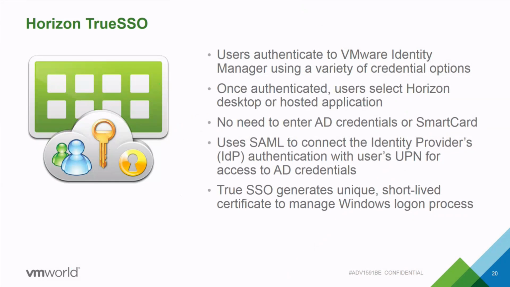So how does it work? What do we do with True SSO? When a user authenticates to the Identity Manager from a device, the user selects the Horizon desktop or application. When the user hits that desktop or application, a short-lived certificate is generated from the CA.